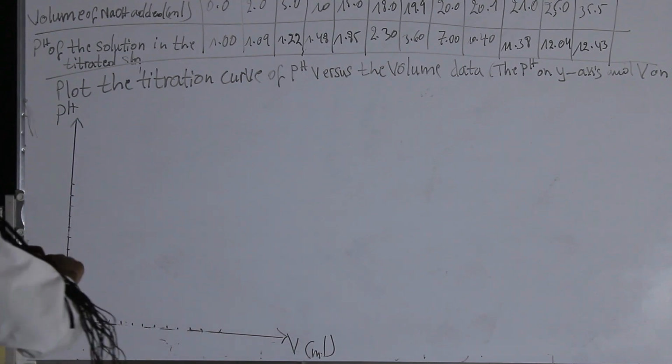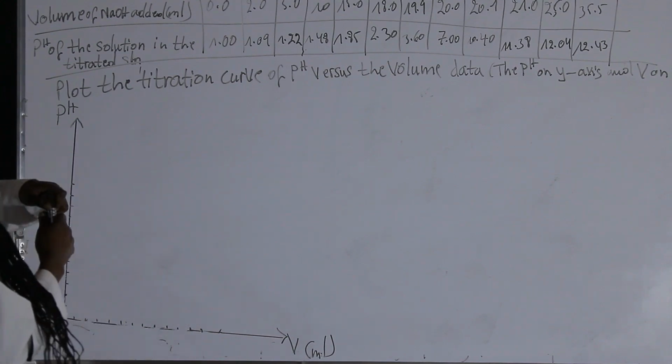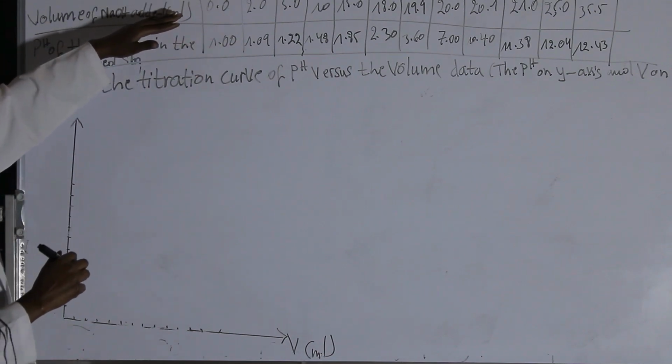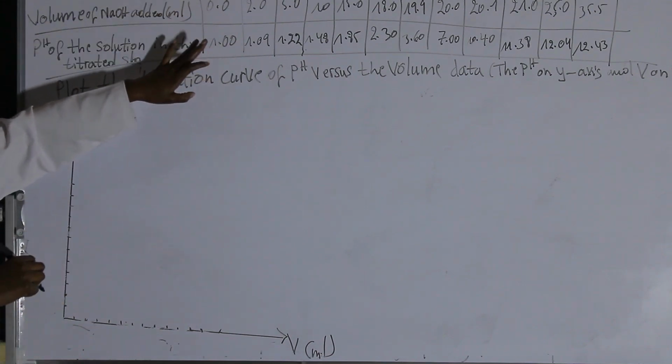According to our data, before adding any sodium hydroxide, pH was 1.